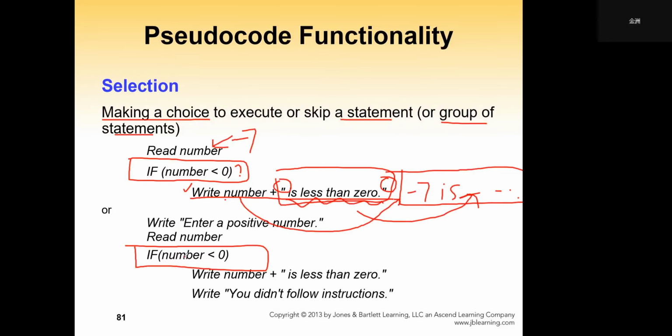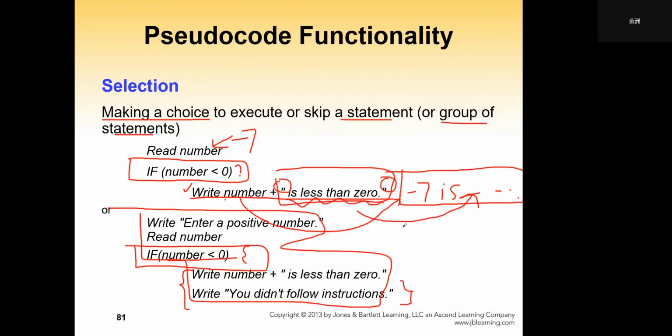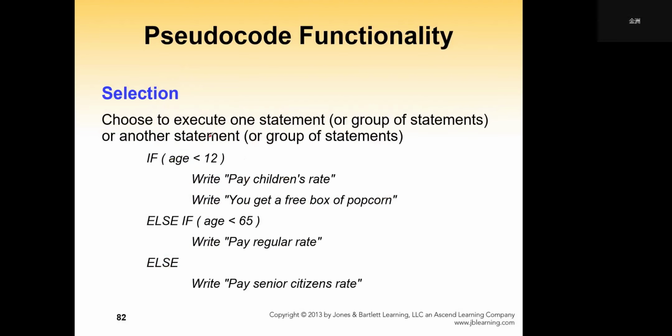So you can check this variable, then do this group of statements. You may write this in real coding, but in the pseudocode you just write in this kind of format. It is also okay. About the selection, it can choose to execute one statement or another statement.